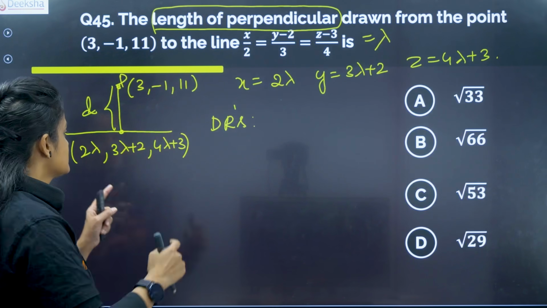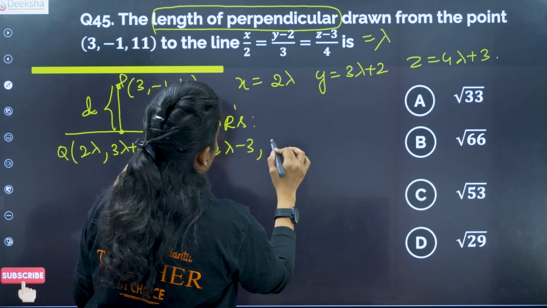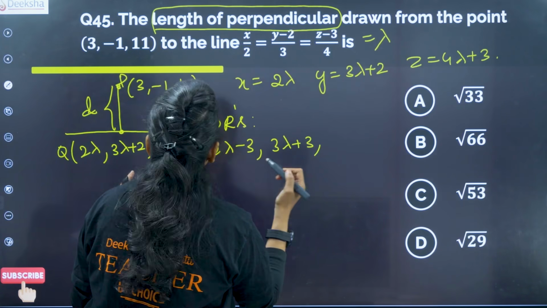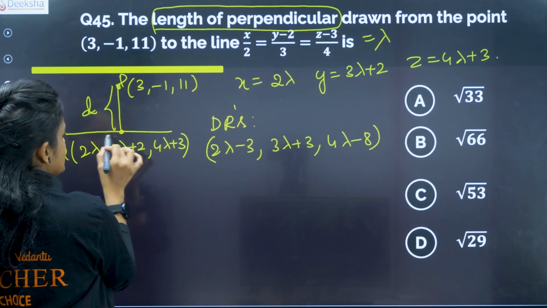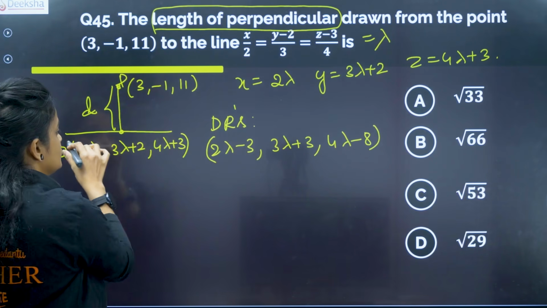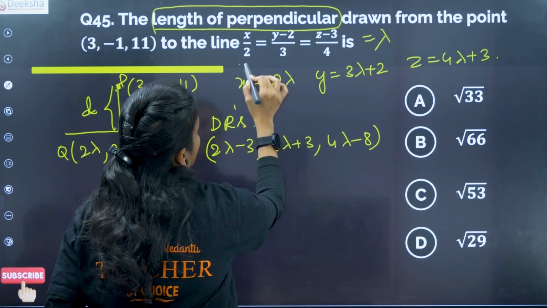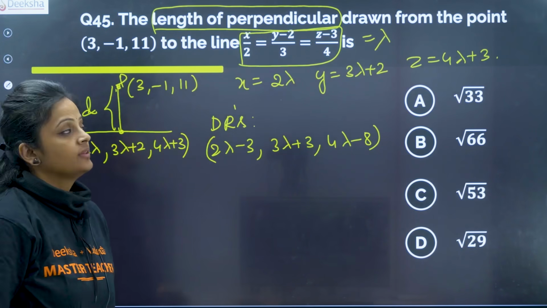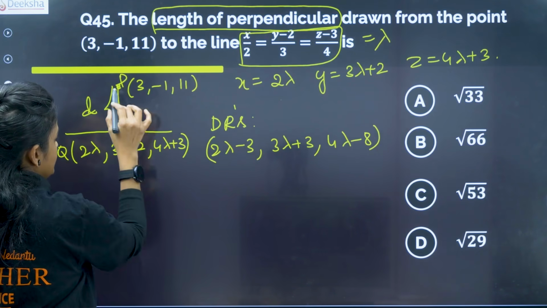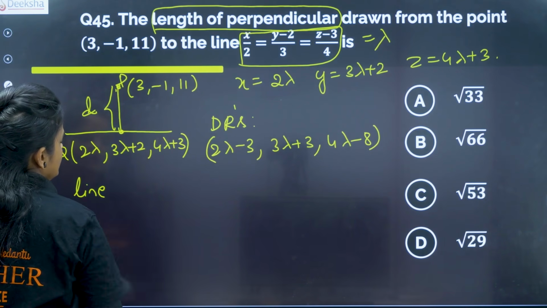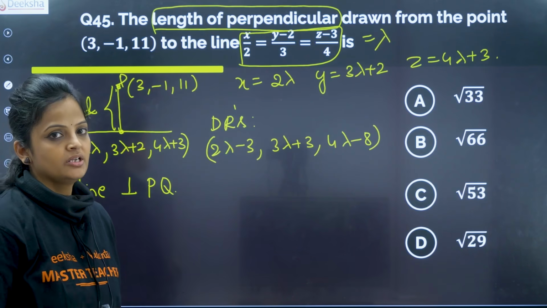So to get the lambda, what we are doing is taking the DRs. If I take the DRs of PQ, I will get 2 lambda minus 3, 3 lambda plus 3, 4 lambda minus 8. Now the DRs of the given line will be 2, 3 and 4. The given line is perpendicular to PQ.